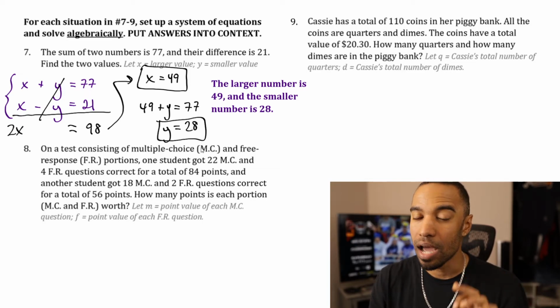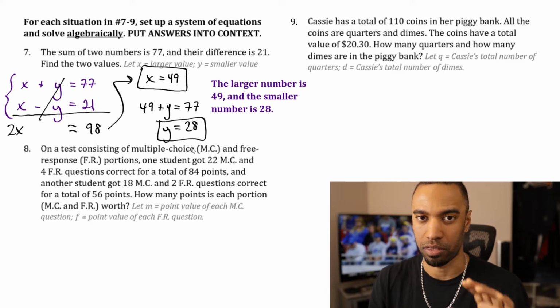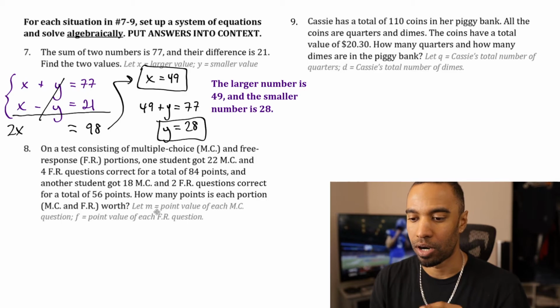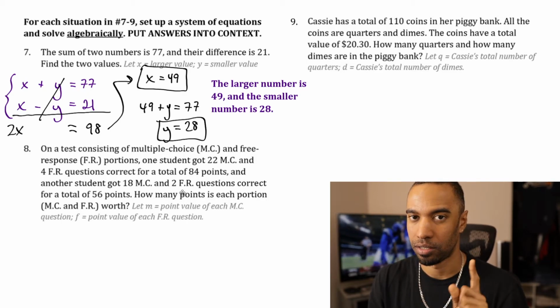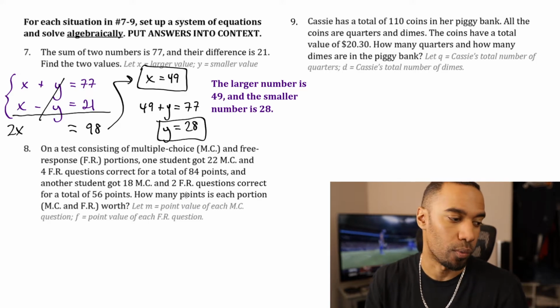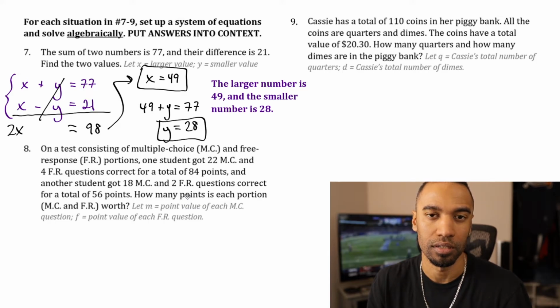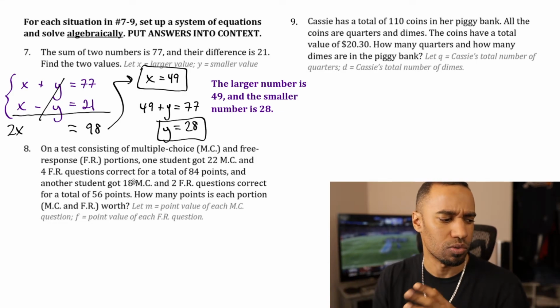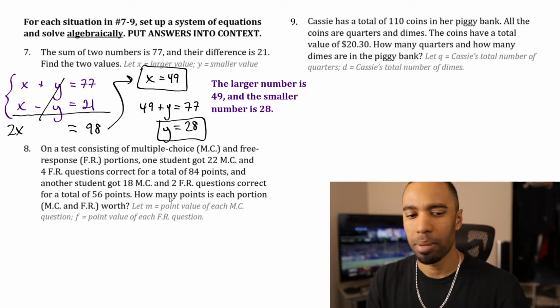However, we know nothing, absolutely nothing about the value of multiple choice and free response as it stands. Therefore, when these variables are defined, they're not the total number of multiple choice and free response questions. By the way, we wouldn't have enough information for that anyway. We just wouldn't, unless we can assume this is all out of 100 points, in which case we could do something with that at some point if you want to. But I'm not going to.